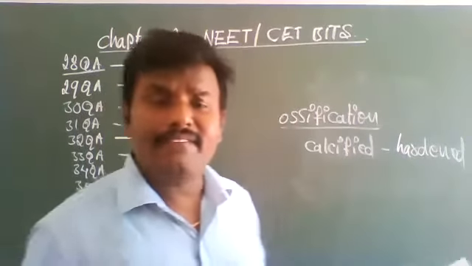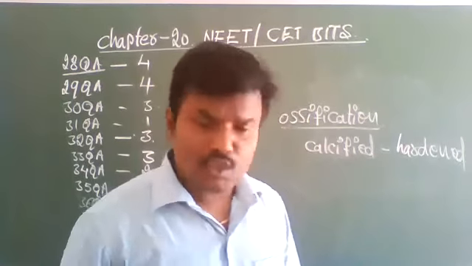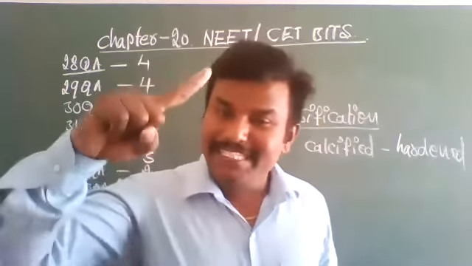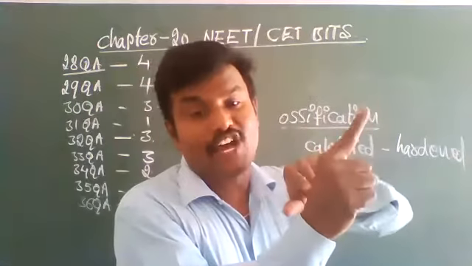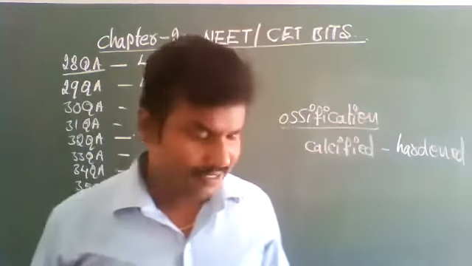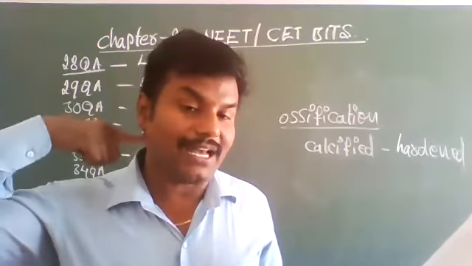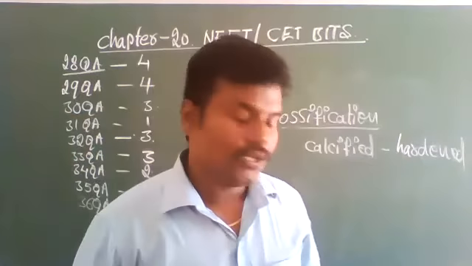The joint between atlas and axis is called. So option 1, angular joint. Angular joint is present in between metacarpals and phalanges. But they have asked atlas, the first vertebra of the vertebral column, and axis, the second. They asked about that. So option 1 is wrong.